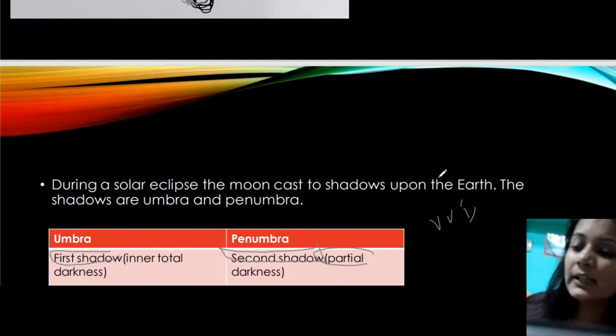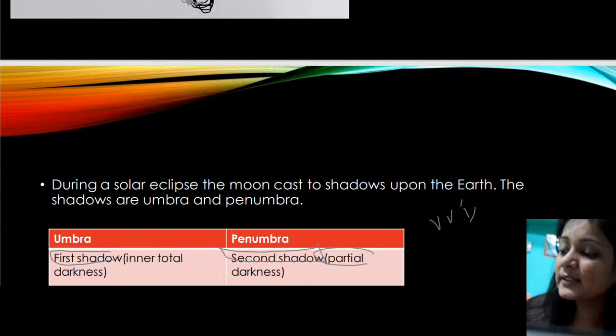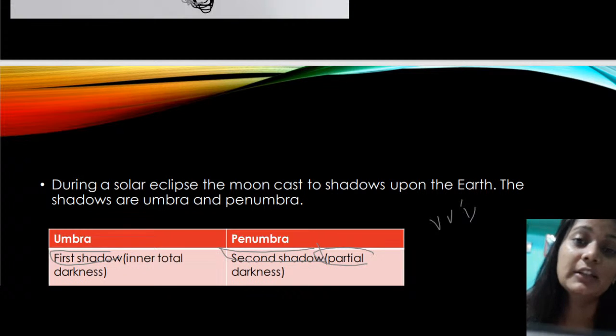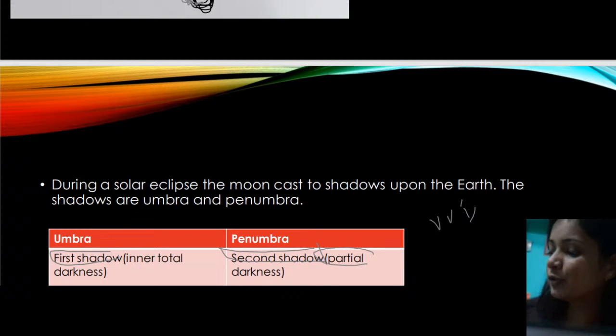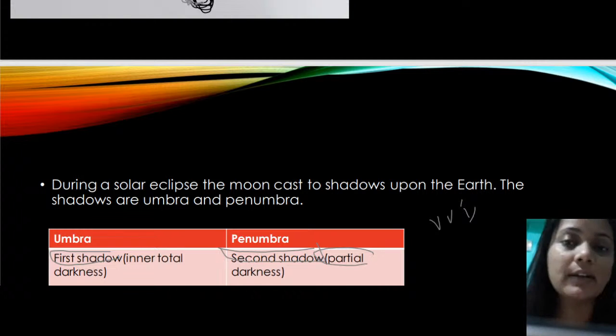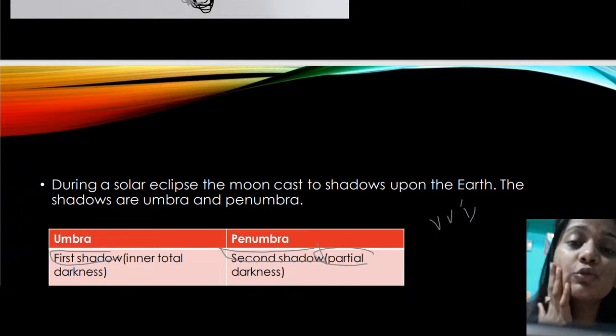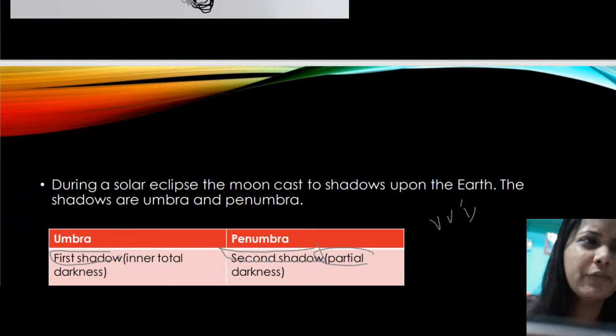And one more thing I want to tell you about that. Nowadays still people have some traditional thoughts about eclipses, that we should throw away all the foods, and we should not do anything auspicious at the time of an eclipse, because they find the eclipse is not good.